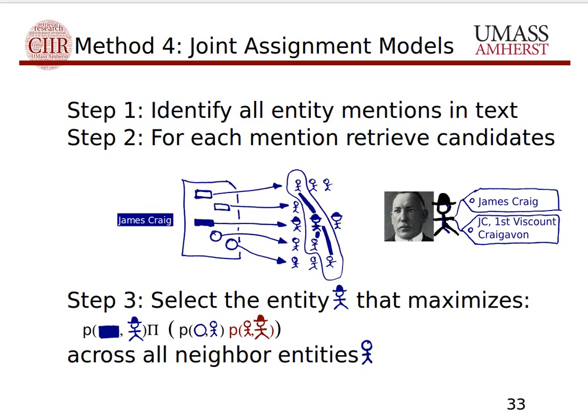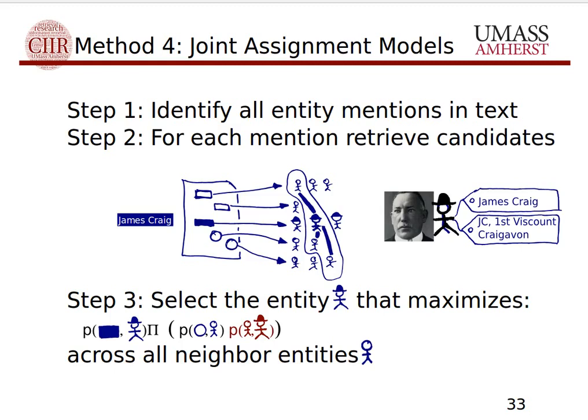So to recap, in the joint assignment model, in the first step, we identify all entity mentions in the text, like over here. In step 2, for each of these mentions, we retrieve candidates over here. And then in step 3, we iterate through all possible combinations and select the target entities that maximize the joint probability, which is the product between these factors and the compatibility factor.